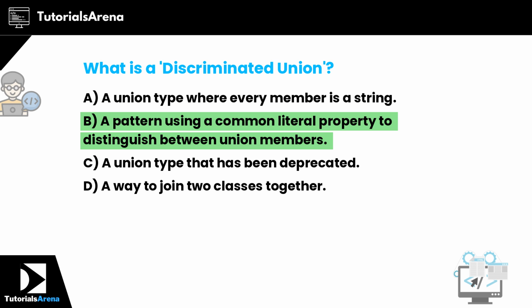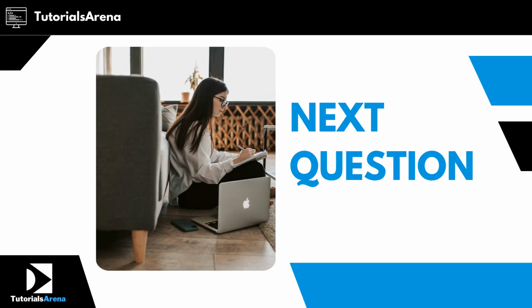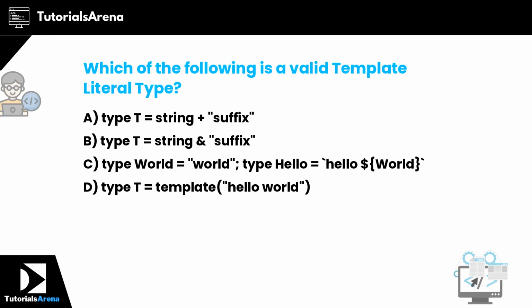The correct answer is option B, a pattern using a common literal property to distinguish between union members. Which of the following is a valid template literal type? The correct answer is option C, type World = 'world'; type Hello = `hello ${World}`.